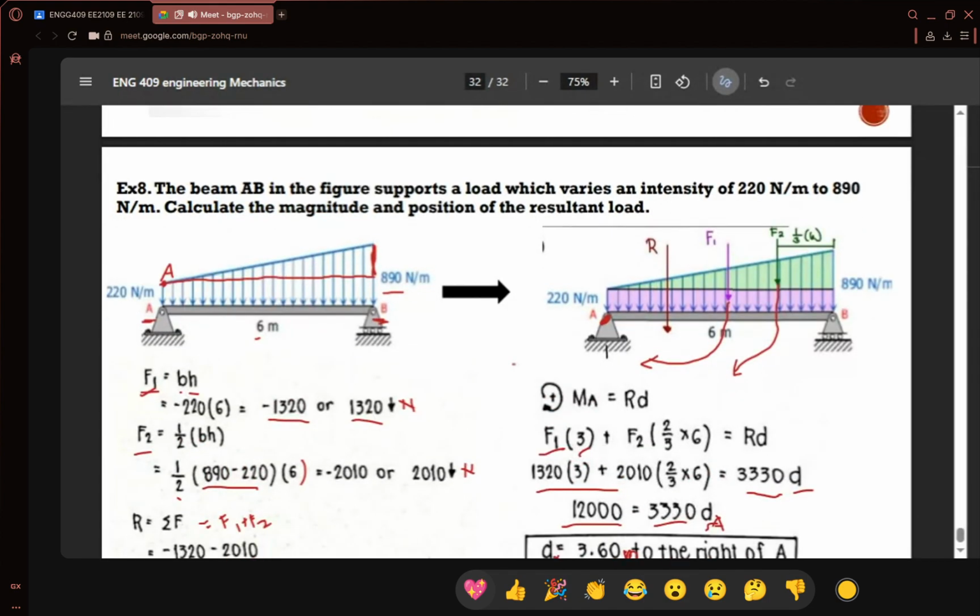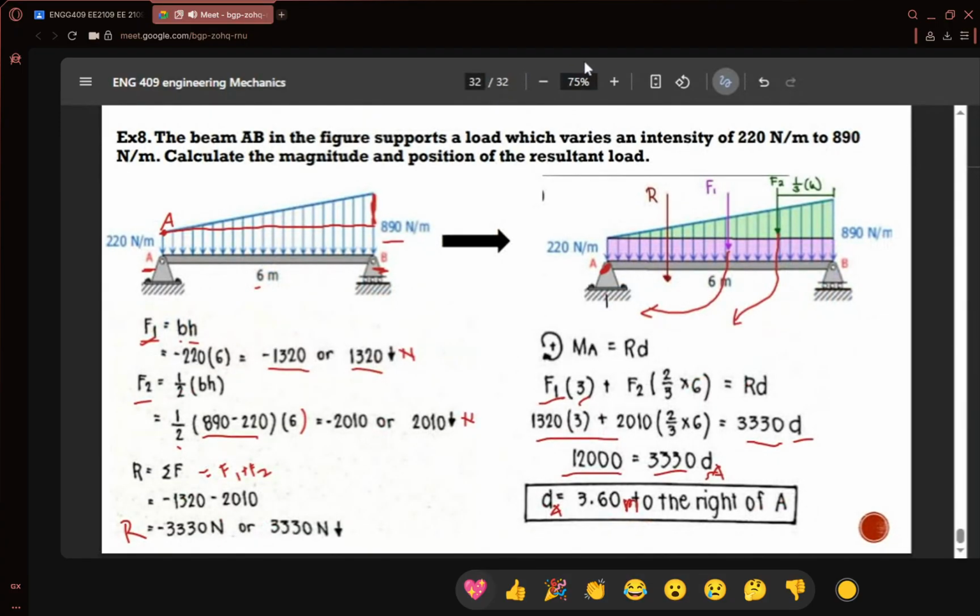Okay, so it's the end of this slide. So let's transfer here. By the way, are there any questions, confusions regarding the solving of resultant parallel forces, especially for distributed loads like this? So again, you will need to solve first the area. That will be your resultant of that component, or if that's the only figure.